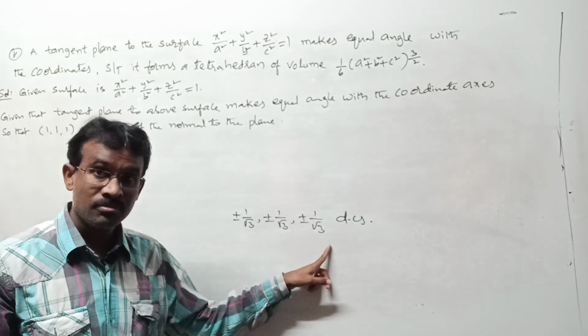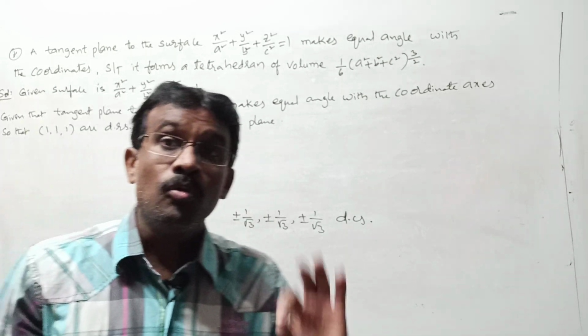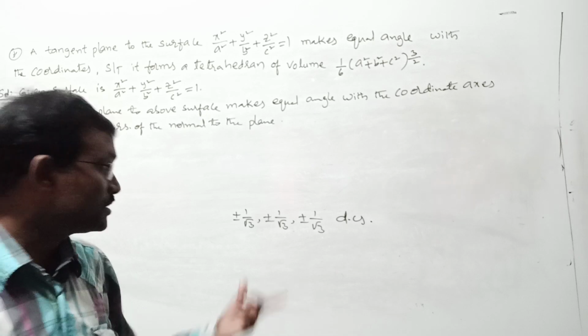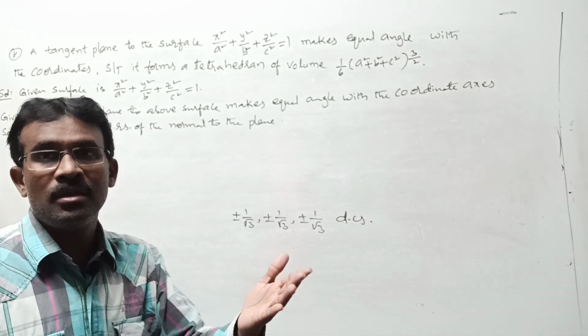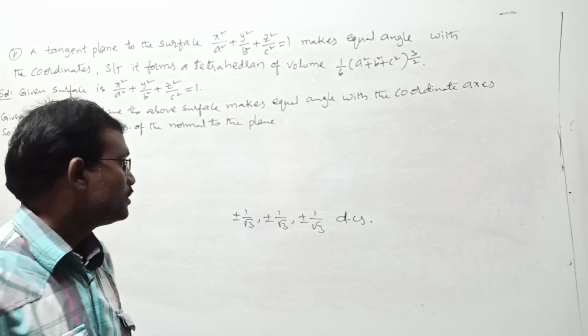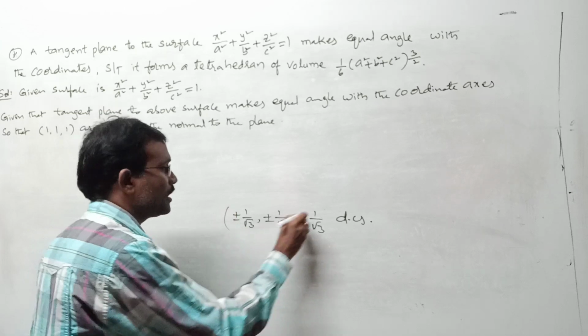I defined this: 1 by root 3, 1 by root 3, 1 by root 3 are direction cosines of a line which makes equal angle alpha with the coordinate axis.